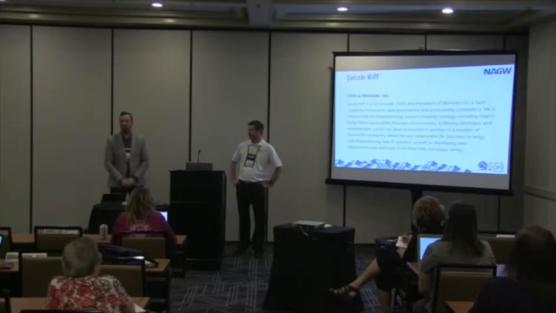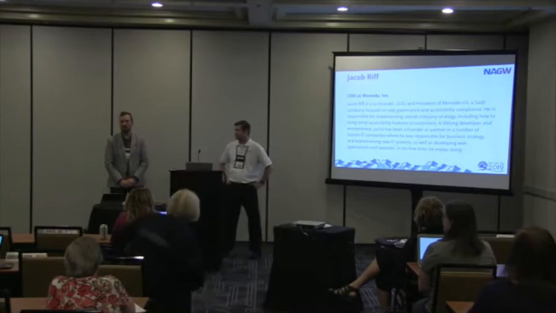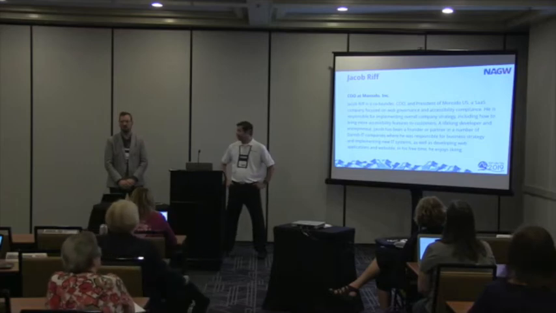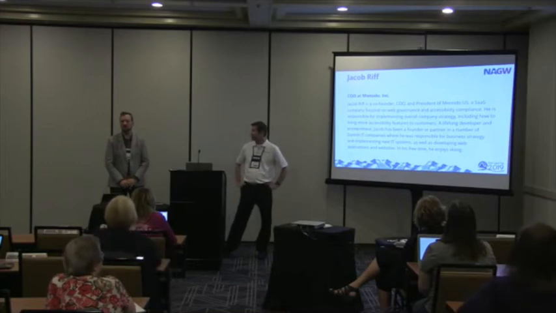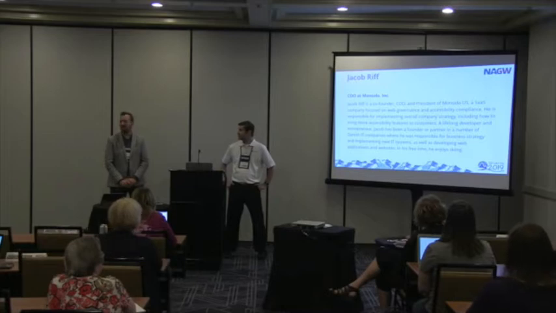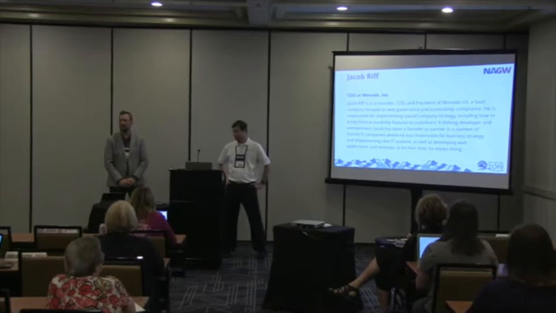I'm Jacob Riff, and I work with Monsito. We're a web governance tool that scans websites for errors and optimization opportunities, among other things, accessibility errors. So that's kind of where my interest in accessibility comes from. The product didn't have an accessibility checker initially, but we saw that that was the next big thing many years ago, and we built that in as well, and it's one of our most important products now.